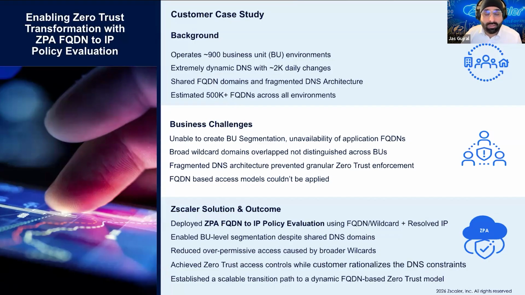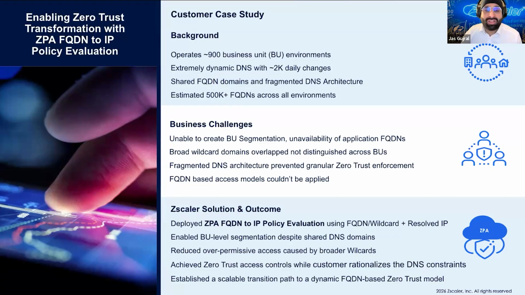And to add to the complexity, the FQDN domains are shared across their business units. They do get resolved through fragmented DNS architecture as well. Now, an estimated 500K plus FQDNs are spanning across this enterprise.